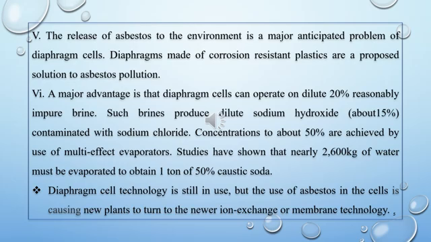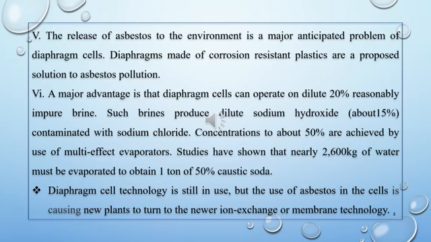And the next point is that a major advantage is that the diaphragm cell can operate on dilute, 20%, reasonably impure brine. Such brine produces dilute sodium hydroxide contaminated with sodium chloride. Concentration to about 50% is achieved by use of multi-effect evaporators.